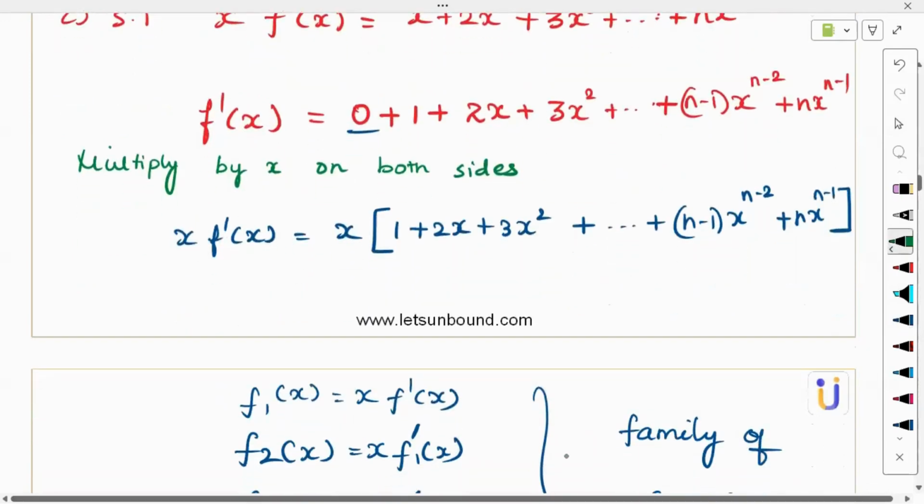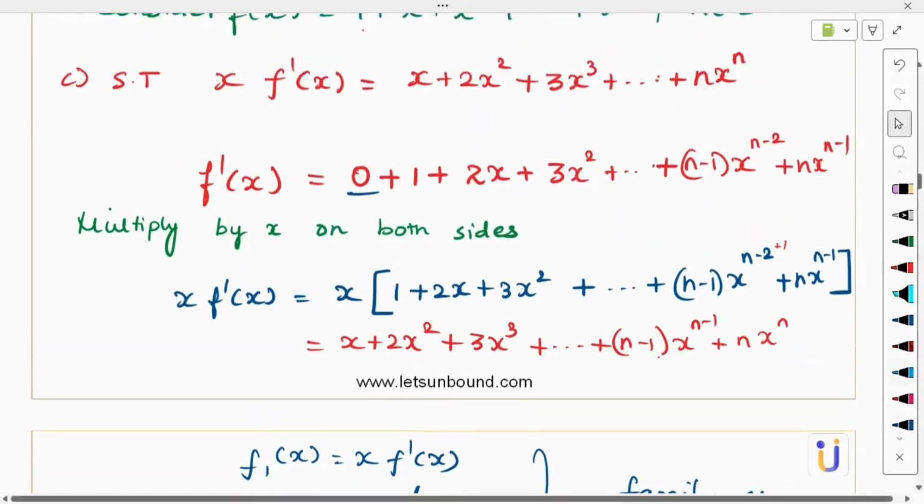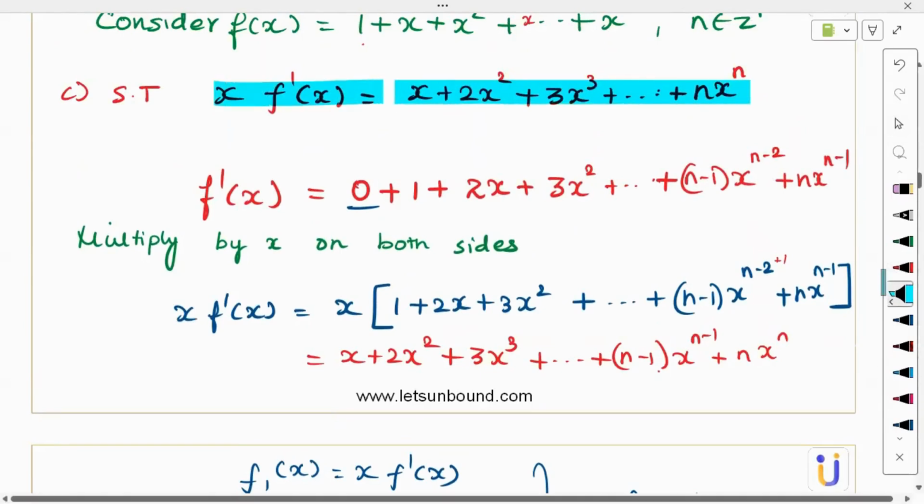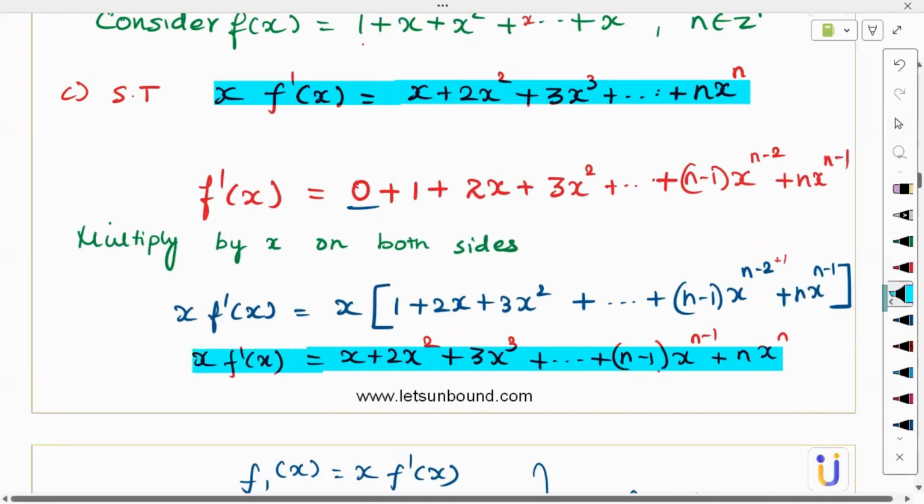Let's take the x inside and we will get x plus 2x square plus 3x cubed and so on, n minus 1 into x power, already we have n minus 2, now 1 will join, so n minus 1, plus n into x power n. So the coefficient and the exponent of that term are exactly the same. This is what we needed to prove, and exactly we have done that. LHS equals RHS, so we got it. Very simple proof with a simple differentiation technique.